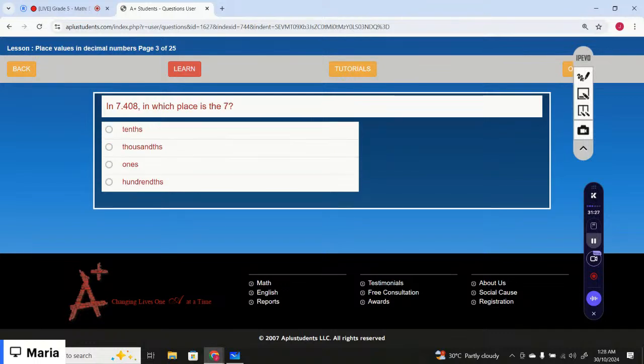In 7.408, in which place is the 7, which is the correct option? Which digit 7 is at which place?